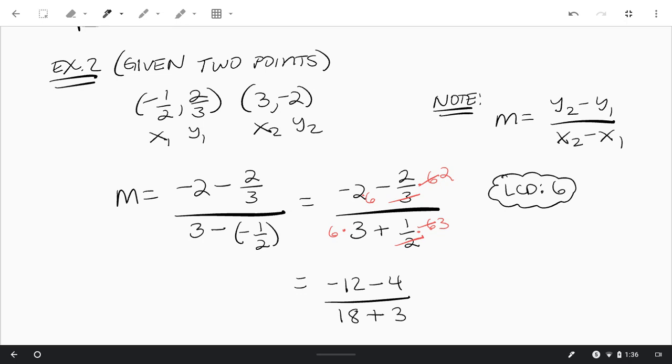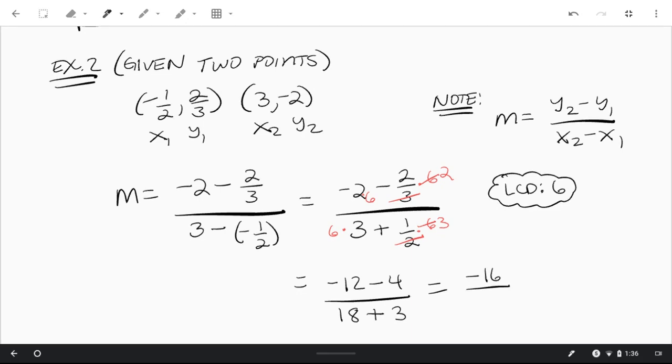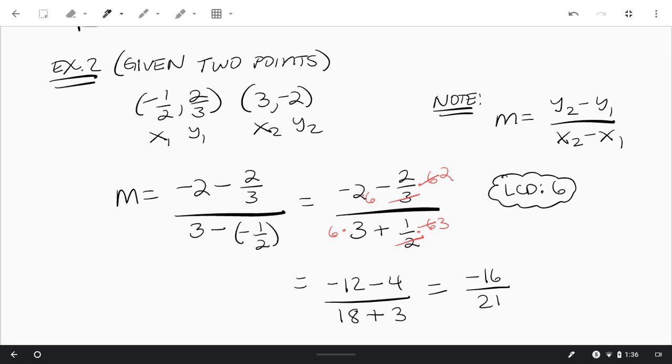And then once you clear your fractions, you should end up with something like this, which is very easy to calculate. So I end up with negative 16 in the numerator and 21 in the denominator. And they don't seem to have anything in common, so you can just leave your answer like that.